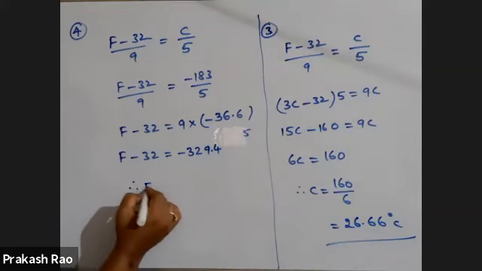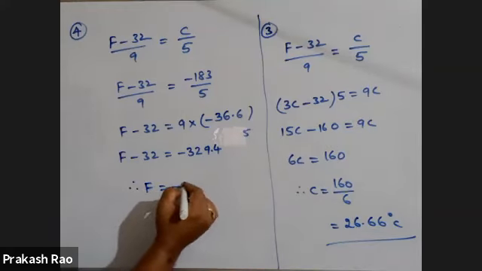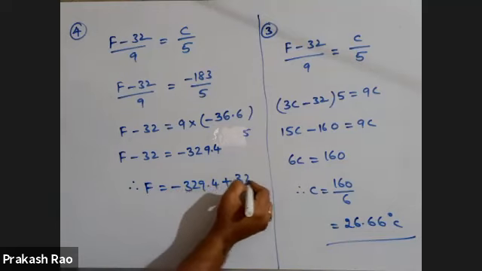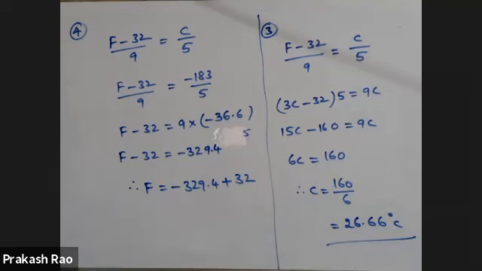Therefore, F is equal to minus 329.4 plus 32. Plus 32. You calculate it. What is the answer you are getting? You see?